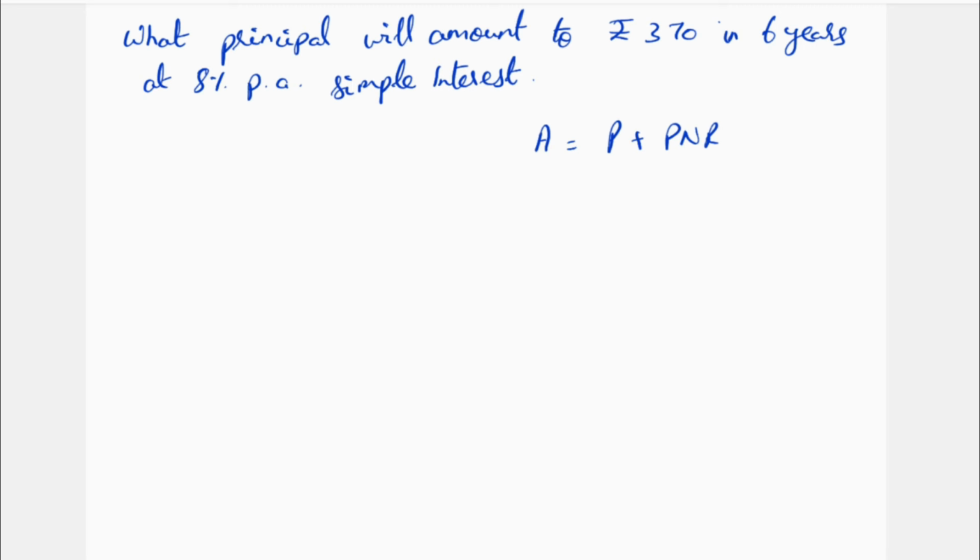So here they are saying 370 is the amount, which is equal to principal plus principal multiplied by 6 years for 8% per annum. So that gives me 370 equal to principal into 1 plus 48 by 100.